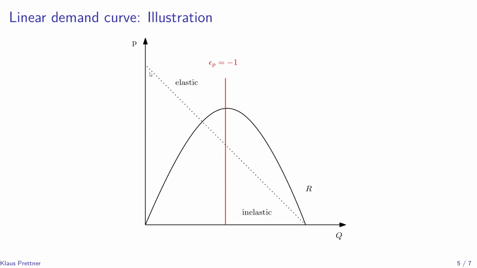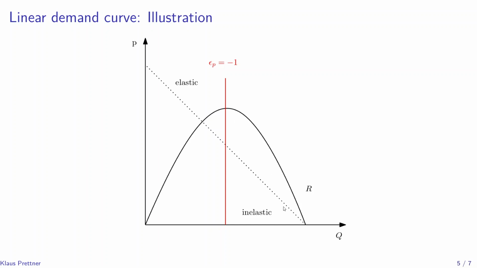That would mean that if we move along the demand curve and reduce the price, then quantity would increase in percentage terms by even more. So to compensate the effect of the reduction in the price on the revenue, revenue would rise even because the quantity increases by more than the price decreases. So that's to the left of this vertical red line.